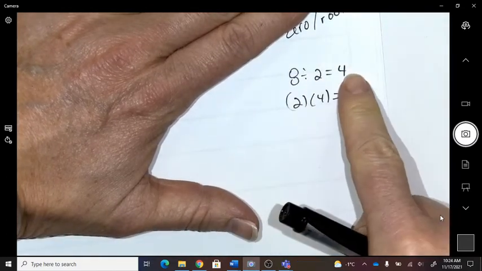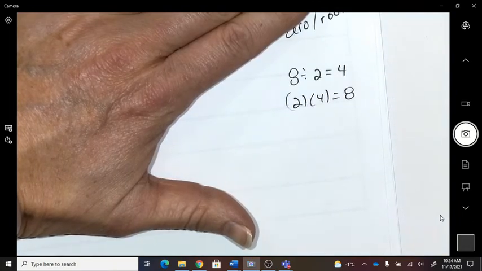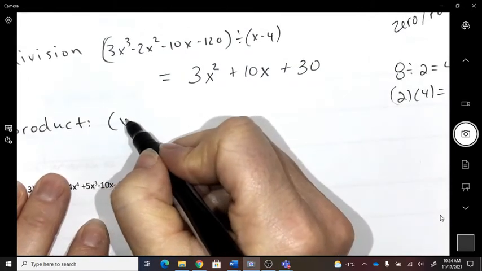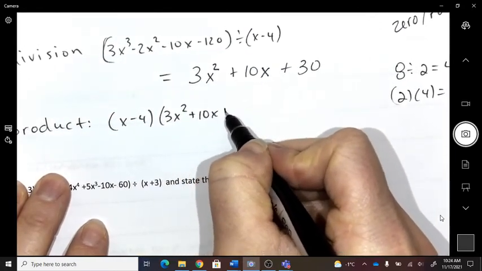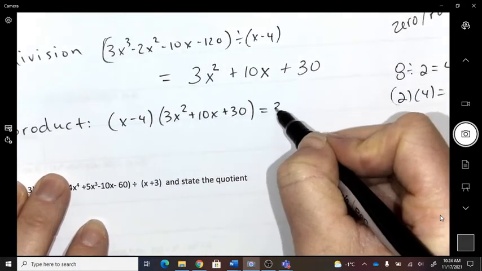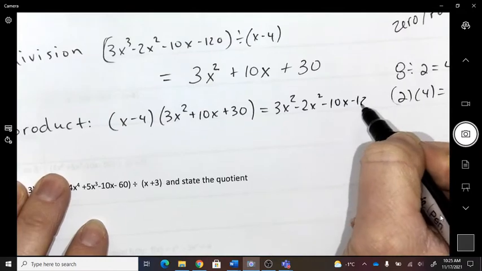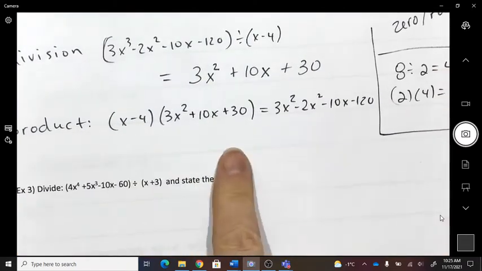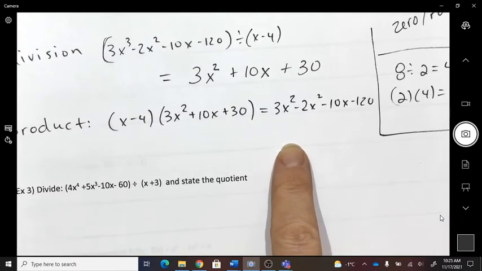This divided by this equals 4, division. Therefore, I also can write a multiplication. So if I wanted to write a product, I could say this times this equals this. Does that make sense? When you divide, you can go backwards and multiply, right?